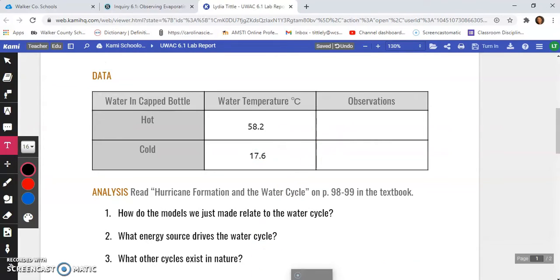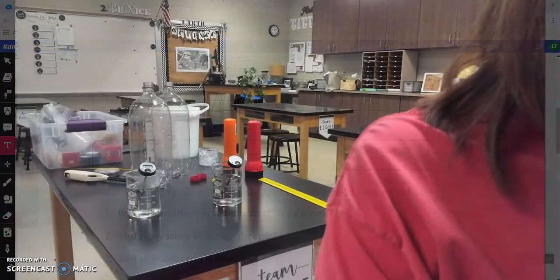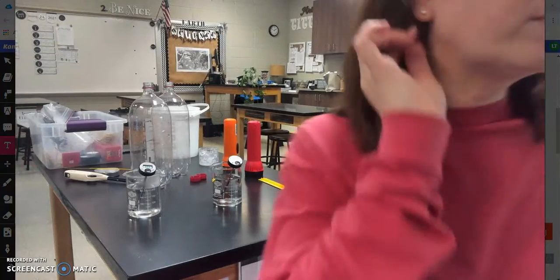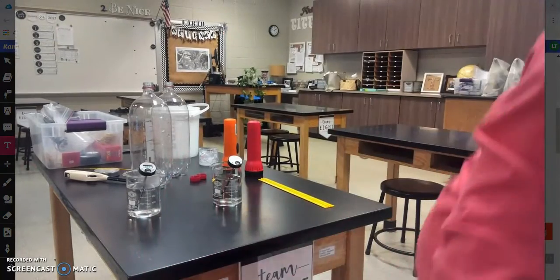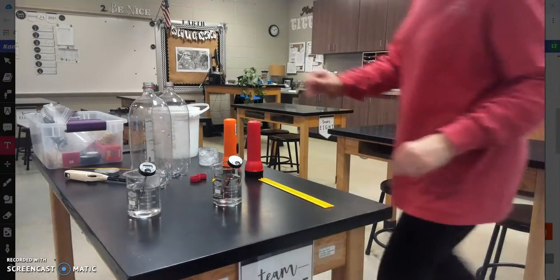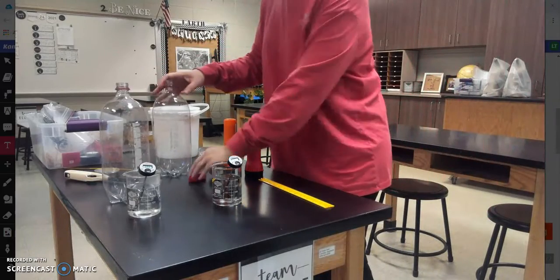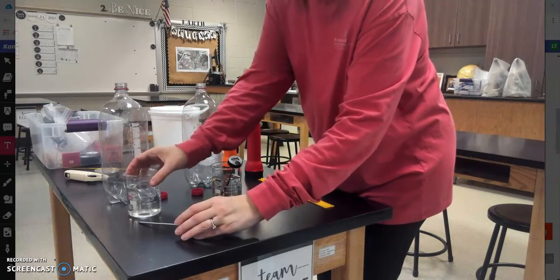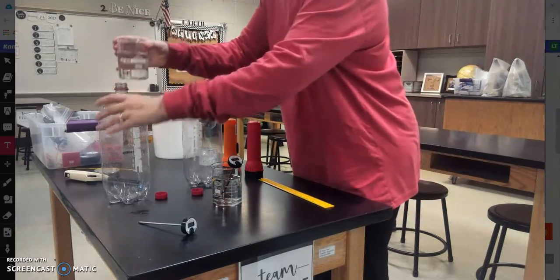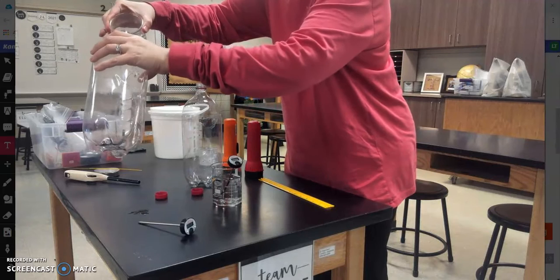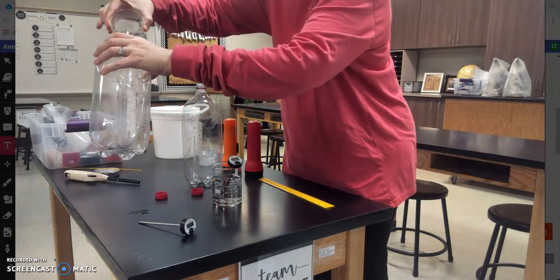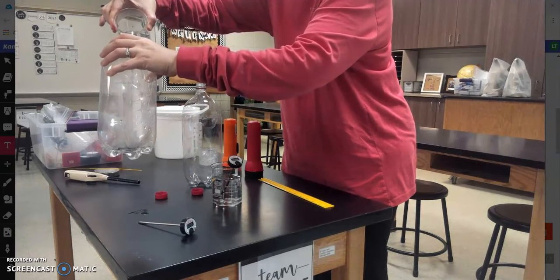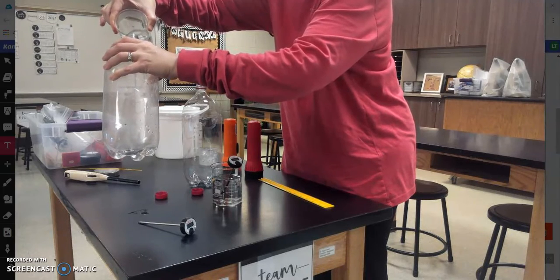Now we're going to go back and make some observations of what happens when we pour that water into a 2-liter bottle. I have two 2-liter bottles with lids. I'm going to take the hot water and pour it into this bottle. I'm going to pour it very slowly and carefully so I don't get burned or scalded.